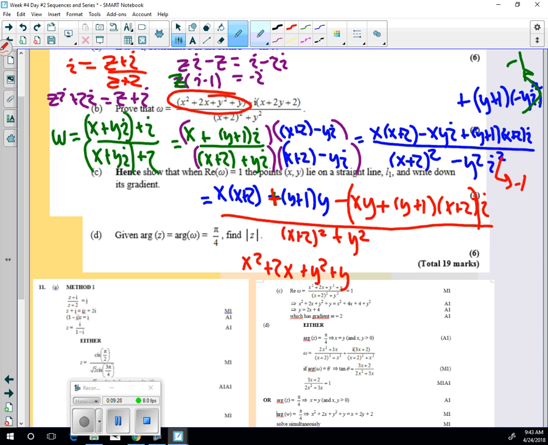Okay. And then got a minus sign I don't want.